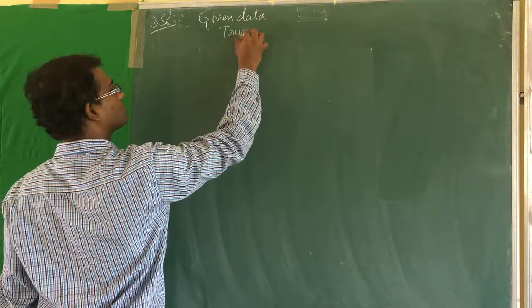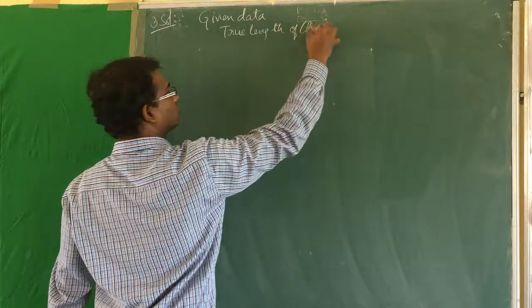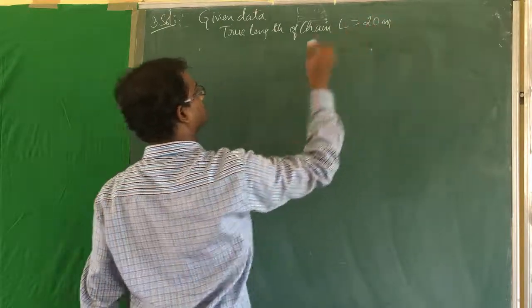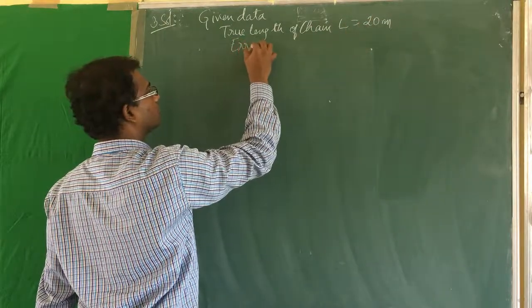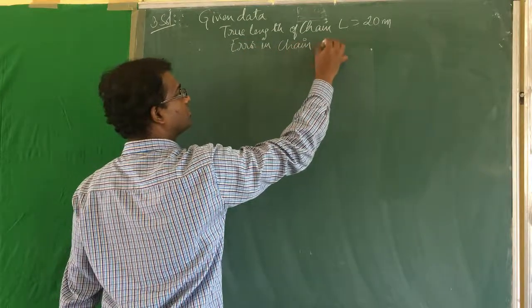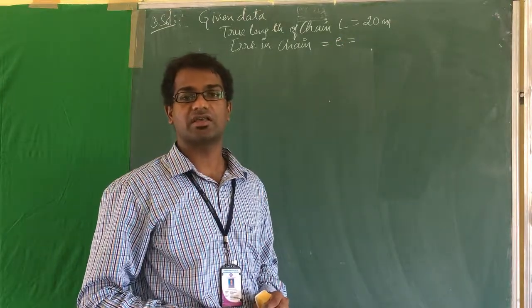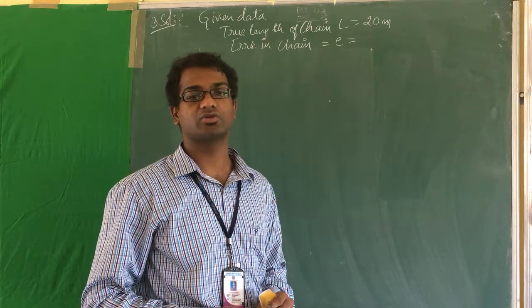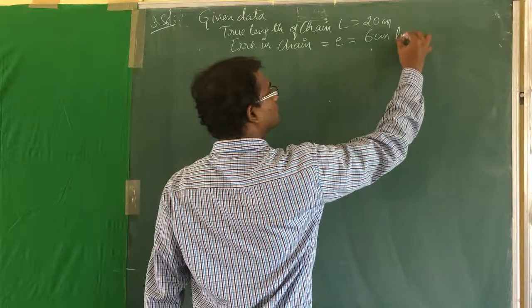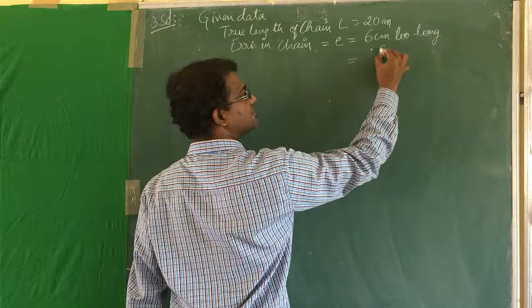True length of chain L equals 20 meters. Error in chain equals E. He said in the question it is 6 centimeters too long, which is 6 by 100.